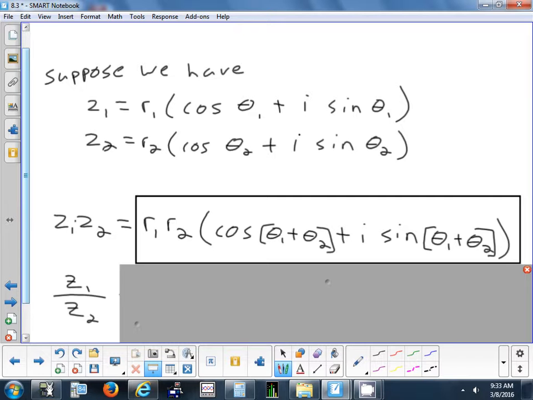That's it. So you multiply your radii and you add your angles. None of this distributing, foiling, i squared, negative 1, none of that. Multiply the radii, add your angles. Do you have to actually add the angles? Yes, you add them. So if it was like a 10 and a 20, you would write 30.